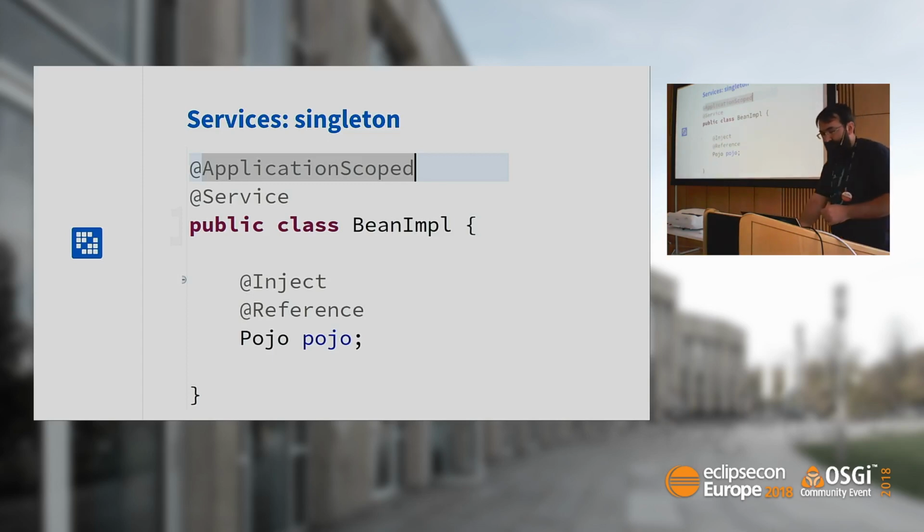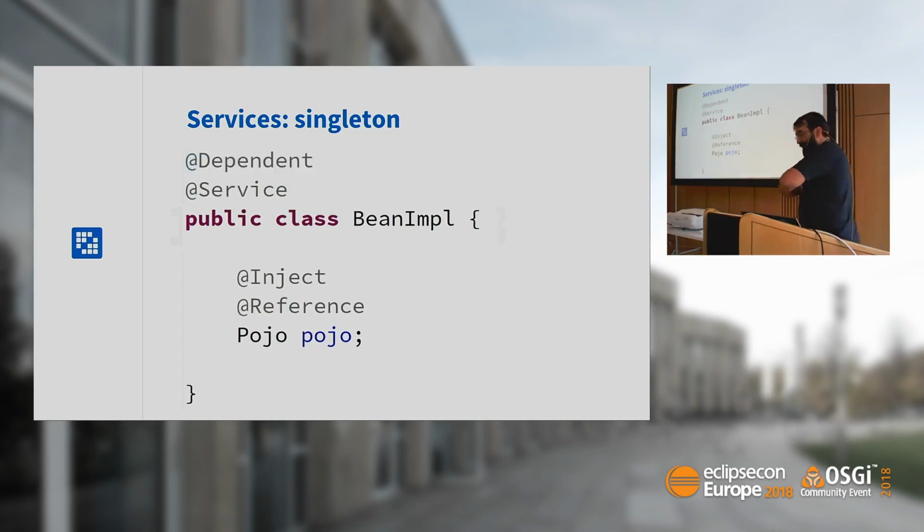Now this, we can change it a little bit. Now in CDI, there are two special types of beans. There are many types of beans, but there are two special cases. The previous one is the application scope, which is kind of like your singleton. And then there's the dependent. The dependent is basically created on demand for any consumer that requires one.